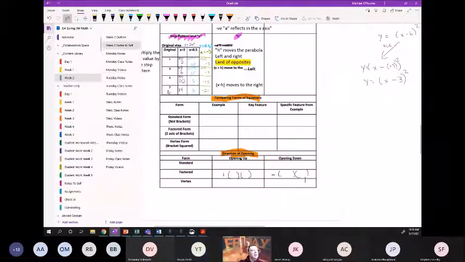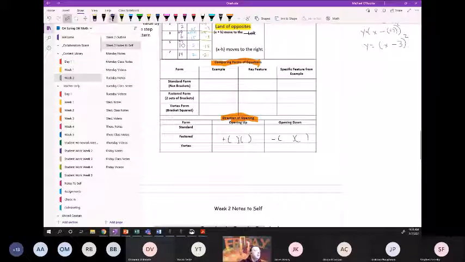The one thing here, if I was to write this part, I would write y equals 2x squared plus 3x plus 4. And on this one, I write y equals, and make this negative stand out, minus 2x squared plus 3x plus 4, right? So the big thing there is the minus in front.